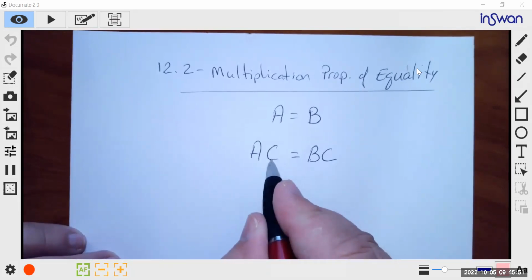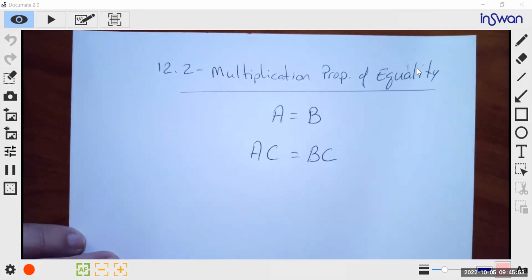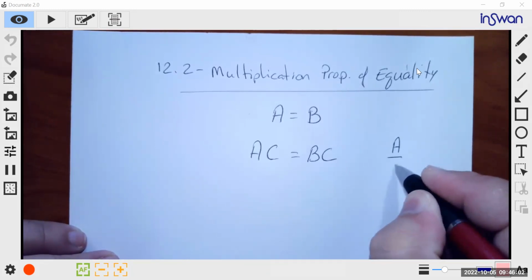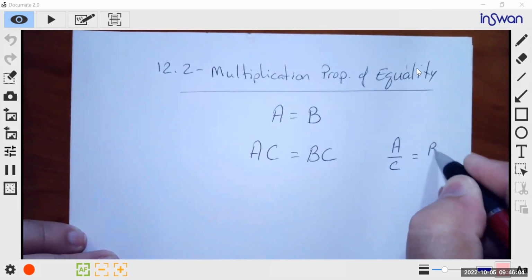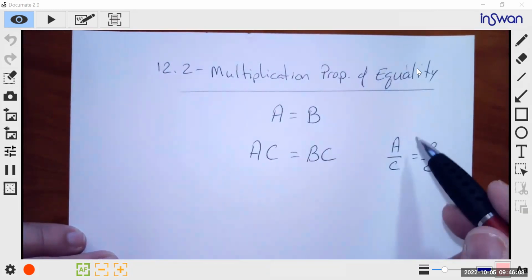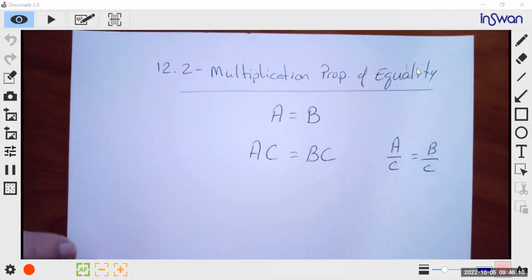So whatever I multiply to the one side, I have to multiply the same number to the other side. It also works with division. If A and B are equal, and I divide A by C, that's the same thing as dividing B by C. So whatever I do to one side, I do exactly the same thing to the other.